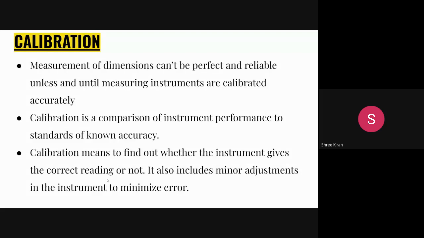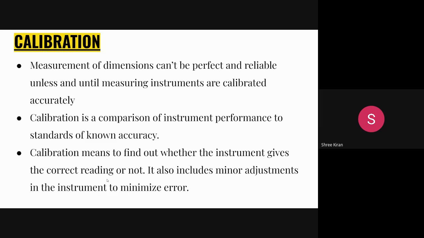It is a comparison between a known measurement, the measurement which is already known, that is the standard measurement, and the measurement using the instrument. The instruments used are like vernier calipers, sine gauge, screw gauge, all those instruments.